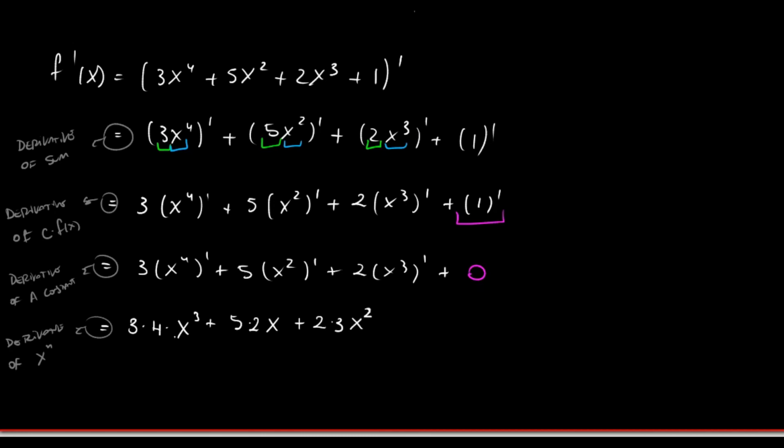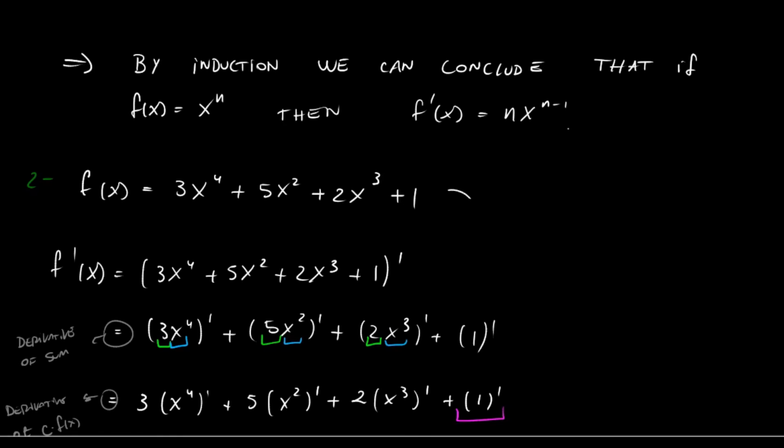And plus 0 just gives us this. So we can now rewrite this as 3 times 4 is 12, plus 10x plus 6x squared. And this is the derivative for our function, for this polynomial.